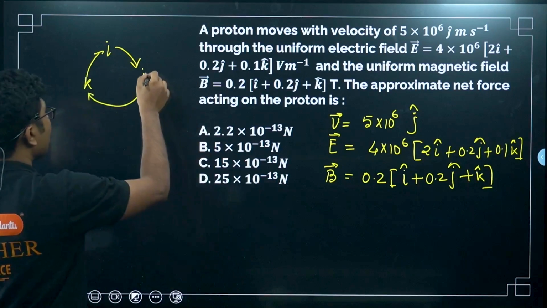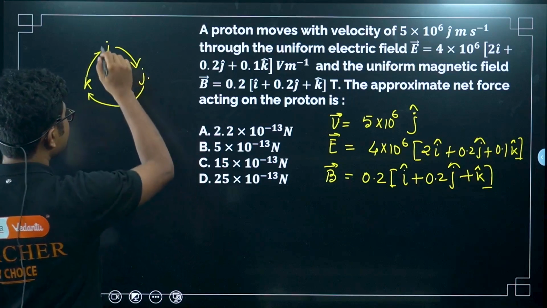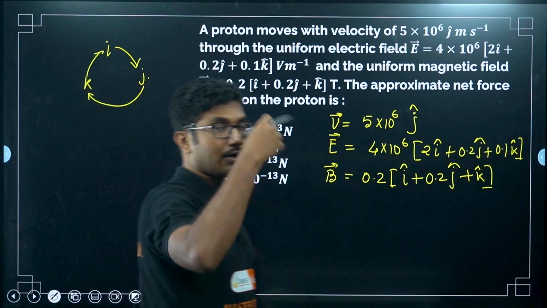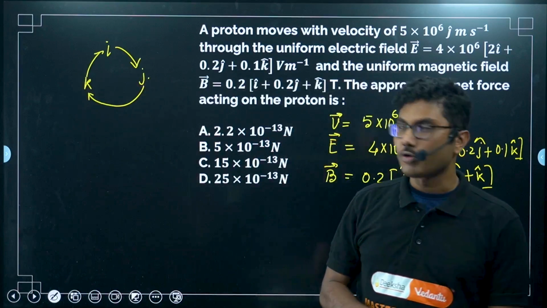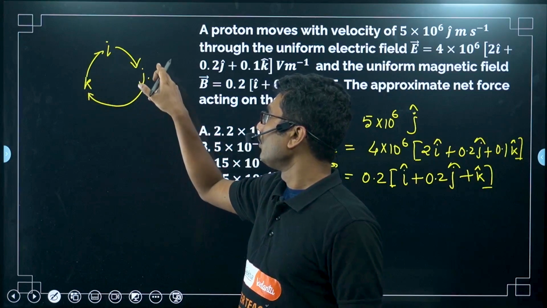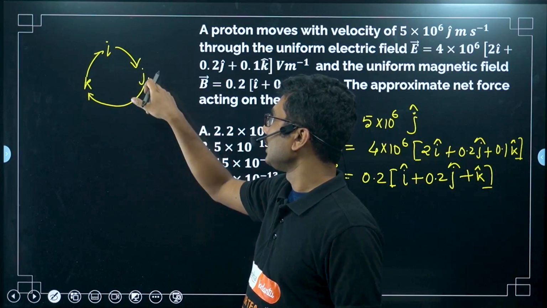So, j cross i is minus k, k cross j is minus i. Only when we are going in this direction, we are getting the third quantity as positive. If you are going in the opposite direction, that is k cross j, then it is minus i.